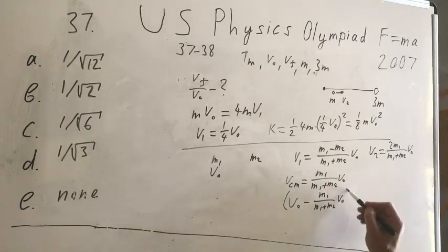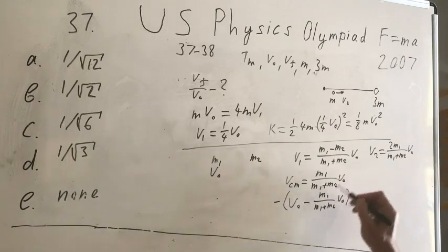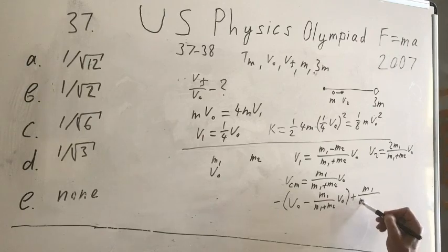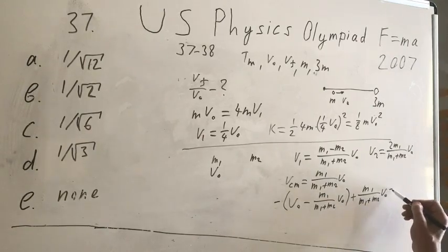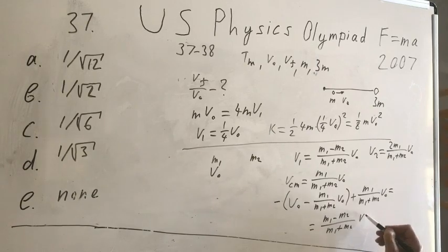After that it will flip, it will be negative, and we are going back to our initial frame of reference. We need to add the velocity of the center of mass, m1 over m1 plus m2 v0, which is finally equal to m1 minus m2 over m1 plus m2 v0.